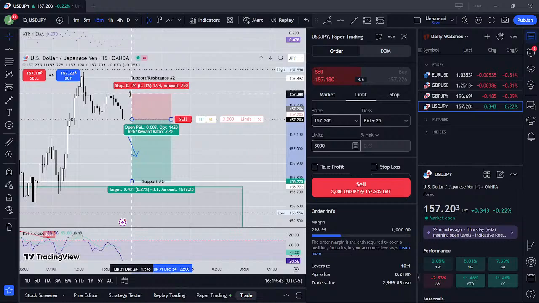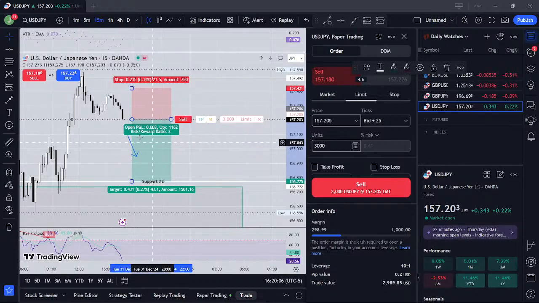4.2, 5.42, 4.26. So let's just do 1 to 2.